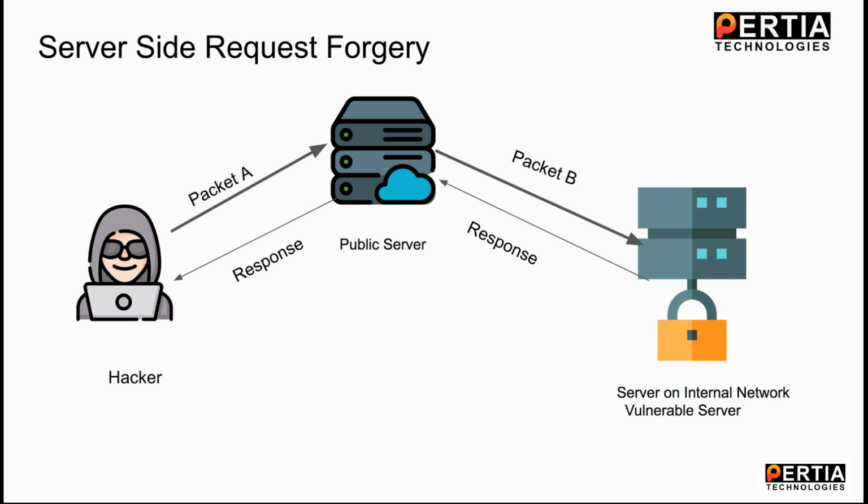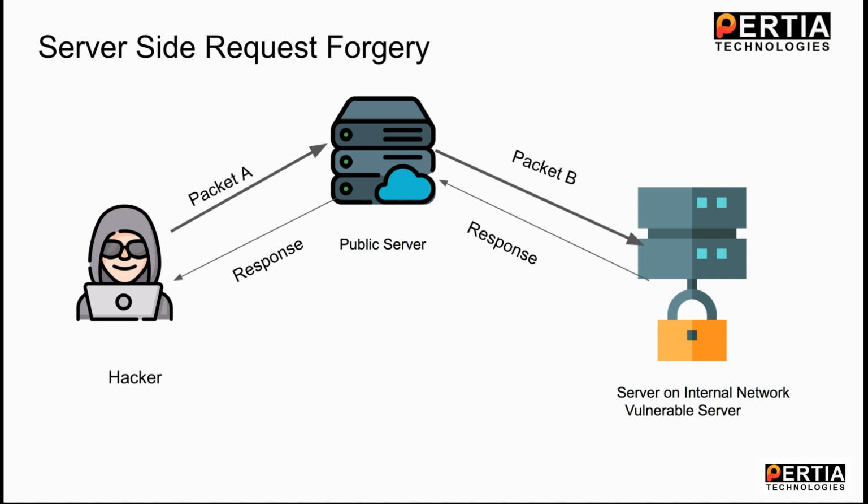Imagine you have a web application that fetches data from different websites, such as news articles or images. It makes HTTP requests for fetching this data. The server, acting as a web surfer, goes to these URLs and brings back the information. Now let's say an attacker finds a way to manipulate where the server surfs.